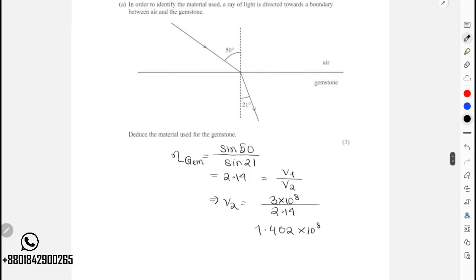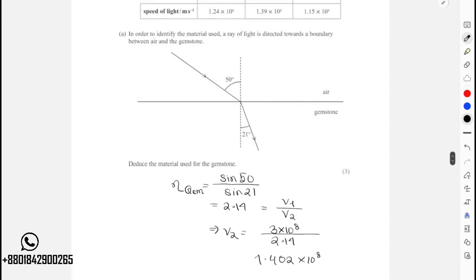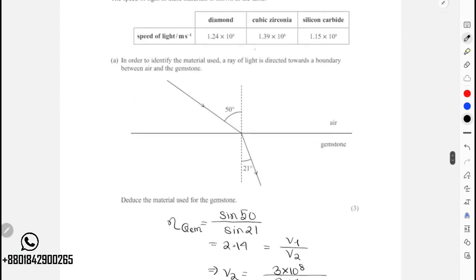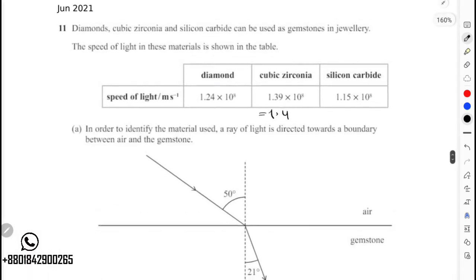That is your speed of light in the gemstone, almost 1.4 into 10 to the power 8, right?